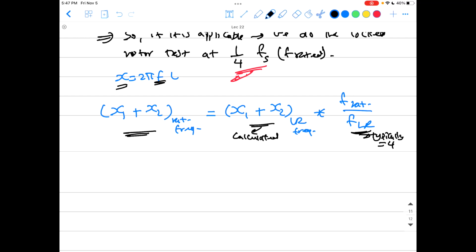If you have a variable frequency supply and you use it at 1/4 of the frequency just for more accuracy, then you have to transform the reactances back to the rated frequency, because that is the typical condition of work of the machine. The machine works at 60 hertz, not at 15 hertz, which is 1/4 of 60 hertz. But like we did in the lab, we didn't change the frequency, so you don't need to do this transformation, because basically F rated equals F locked rotor, because both were done at 60 hertz. Okay.